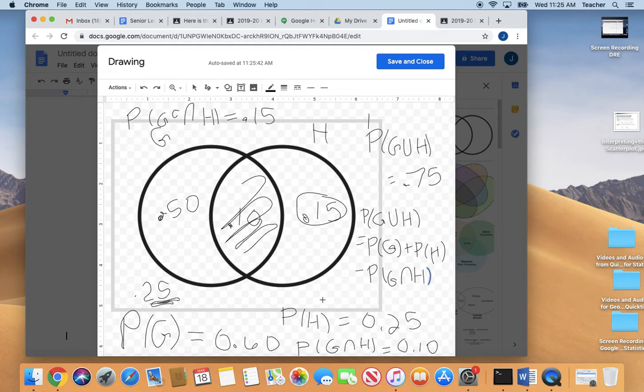So if you take in your calculator and you took 0.60 plus 0.25 and subtracted 0.10, you would also get that the probability of G or H was equal to 0.75.